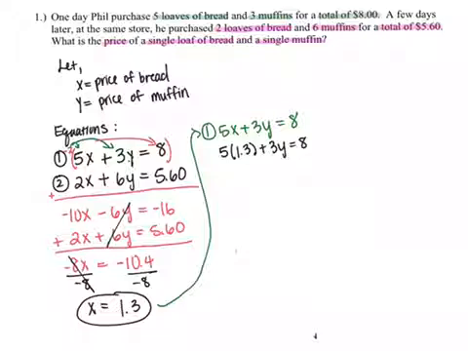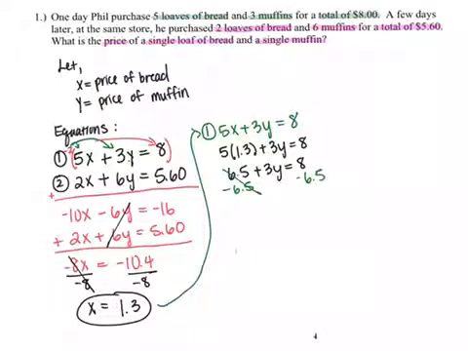5 times 1.3 is 6.5, plus 3y equals 8. Now we want to get y by itself. The furthest thing from y on the left-hand side looks like the 6.5, so we need to move that term. We need to subtract both sides by 6.5.